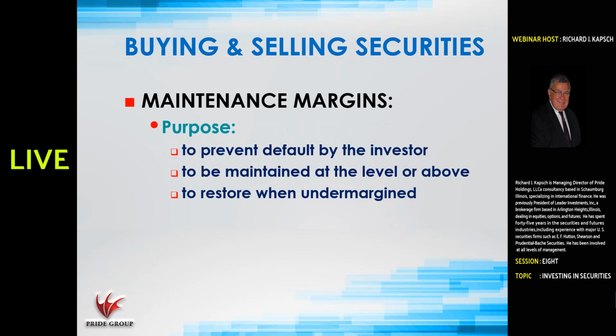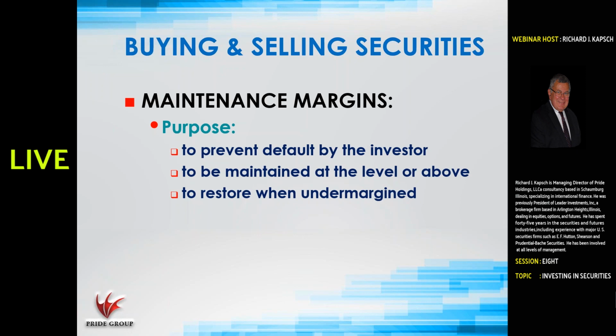Now, once you've bought that stock, just like in currencies or futures, the brokerage firm calculates maintenance margins on your position. And again, this is a little bit more formal than the process is carried out in general trading. The purpose of maintenance margins, as you might understand from your regular trading, is, one, they're established to prevent default by the investor.